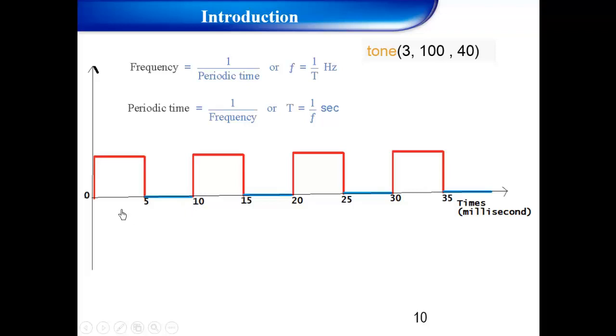This is the period. Now the frequency of this square wave is 100. And for 1, 2, 3, 4 periods, I mean 40 milliseconds.